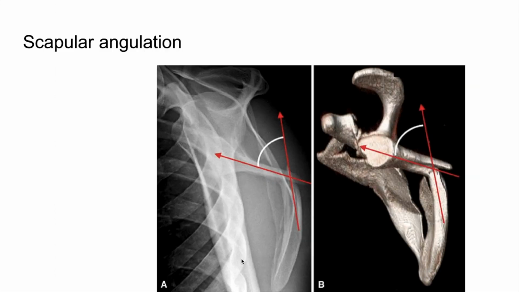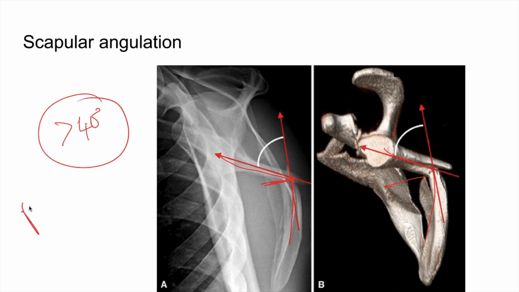The next radiological parameter that you have to see in the scapular Y view is the scapular body angulation. If the scapular body is fractured in the middle, and the angulation of the lateral border of the scapula is more than 40 degrees, this is a relative indication for surgery.